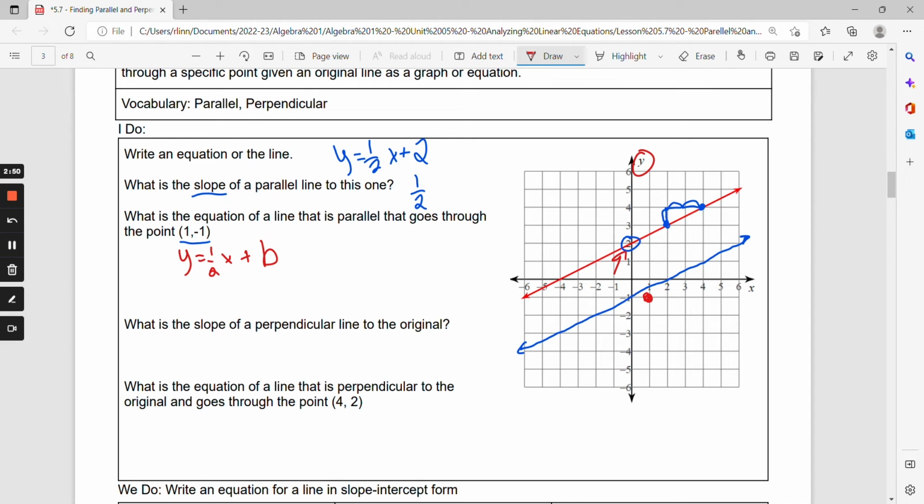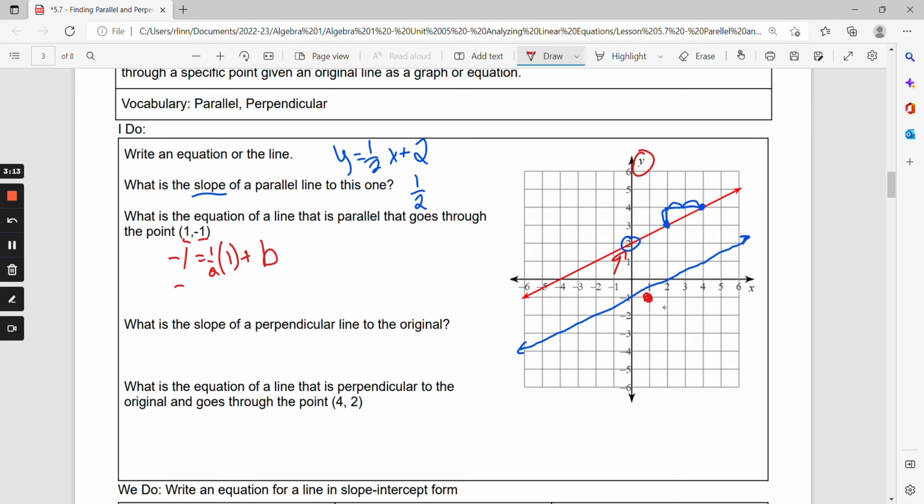And now I'm going to substitute in my point. In place of my x and y, I'm going to substitute my coordinate point, 1, -1, where -1 is my y value and 1 is my x value. And now I just have to solve for b.